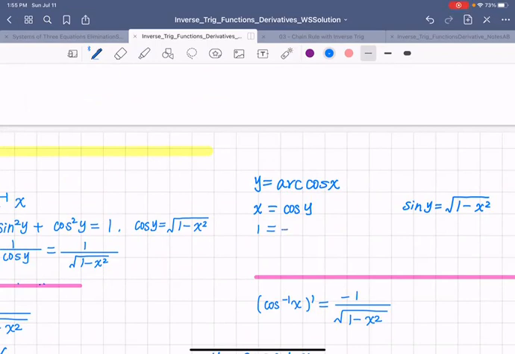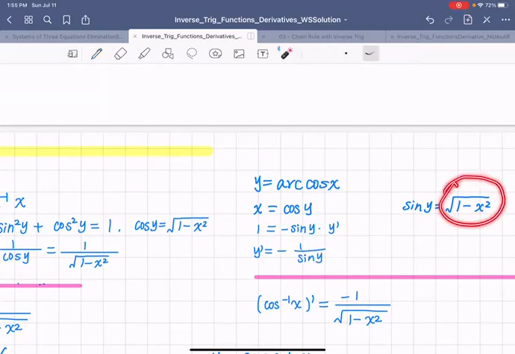The cosine derivative is negative sine. So this is negative sine y times y prime. So y prime equals negative 1 over sine y. And sine y equals this, based on the trigonometry identity, right? So this is negative 1 over the square root of 1 minus x squared.